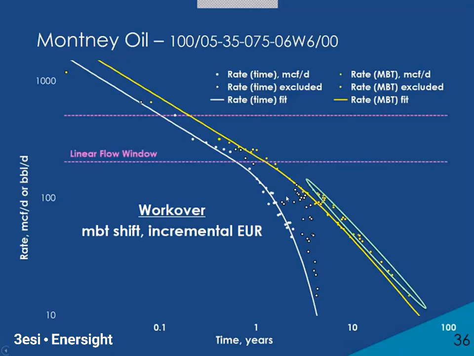The rates come down here, and then we get a bump and the rates increase and then they fall off. Bob Bachman, if you've listened to any of his talks, suggests that when you plot material balance time, if your data on material balance time doesn't return to the original trend, then probably that's an indication that you're getting incremental recovery. And so it looks like we're getting incremental recovery from this apparent workover.